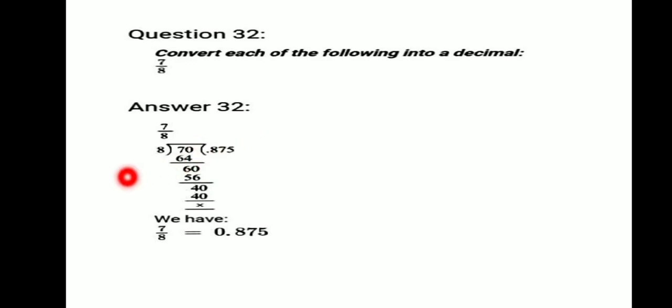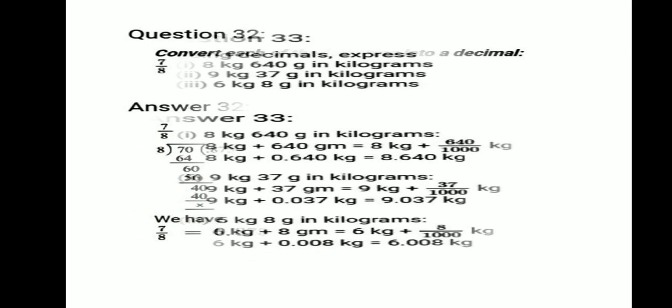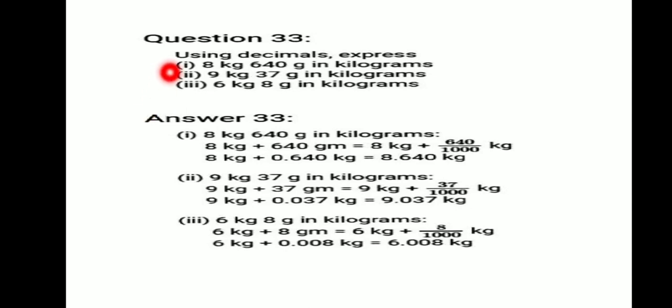Now 8 7 times is 56 and now 40. 8 5 times is 40 and our answer is 0.875.